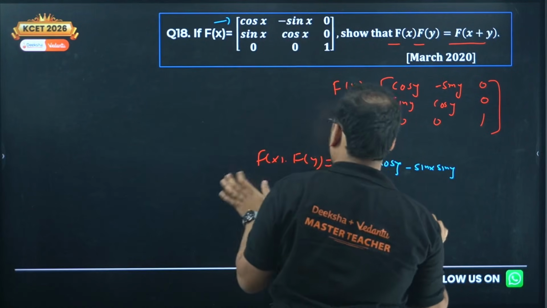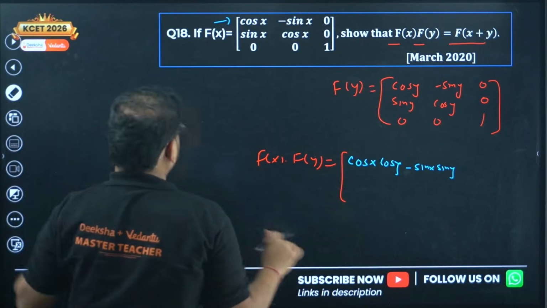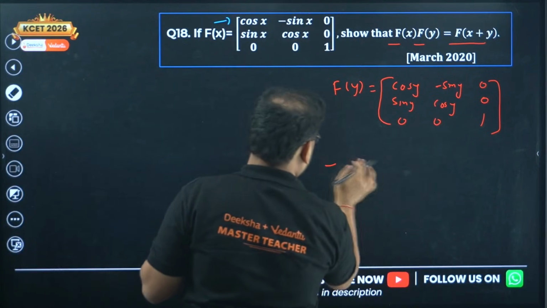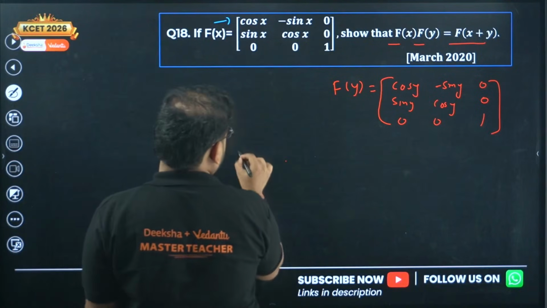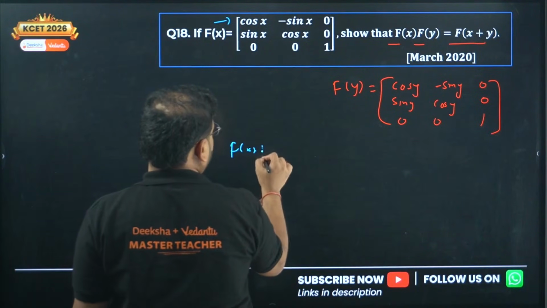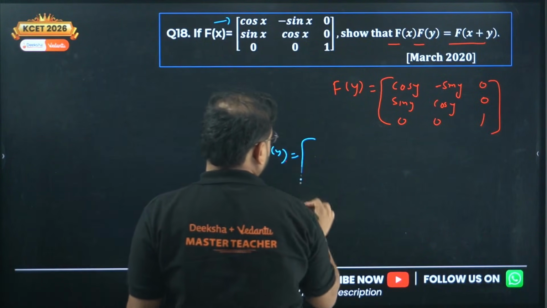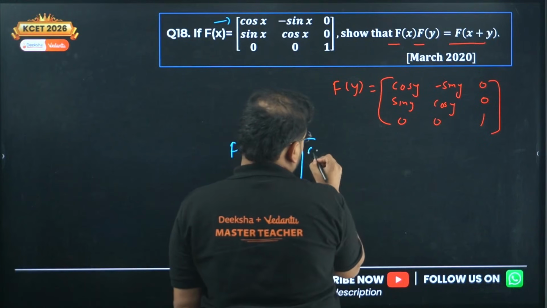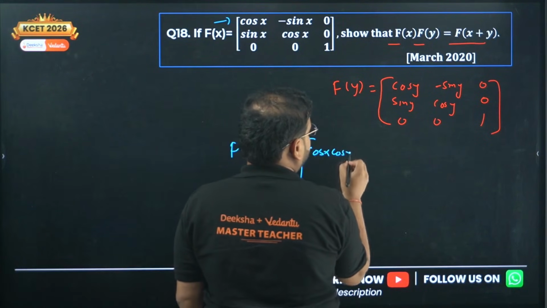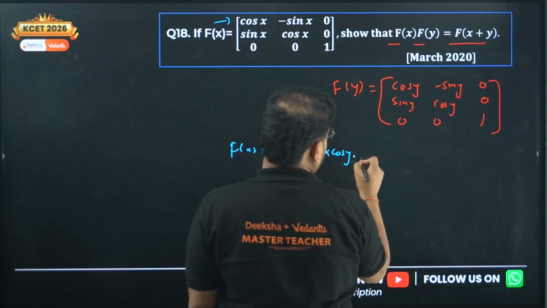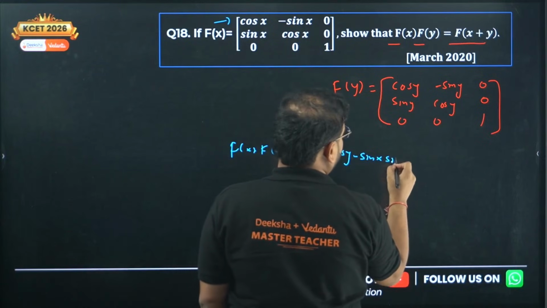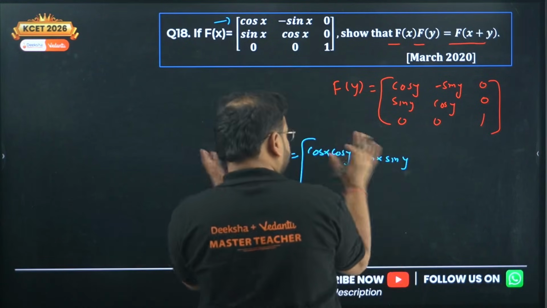This is my first element. So we have f of x f of y. First we had cos x cos y, and minus sin x sin y. Now this is my first element.